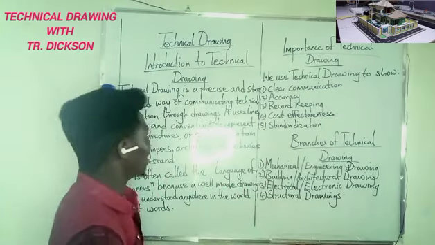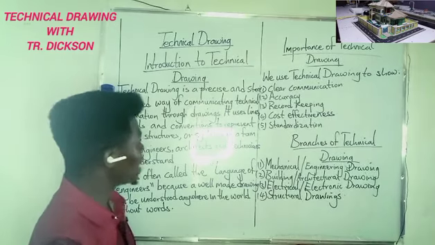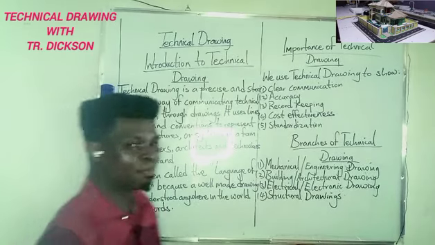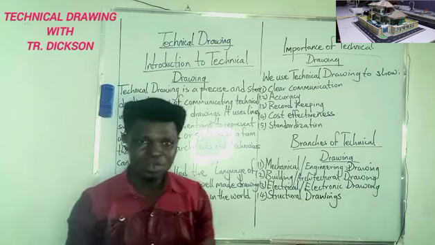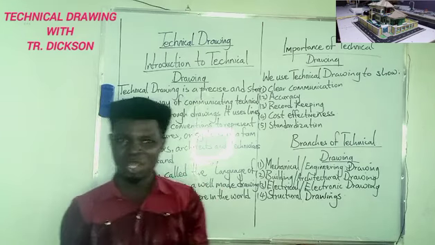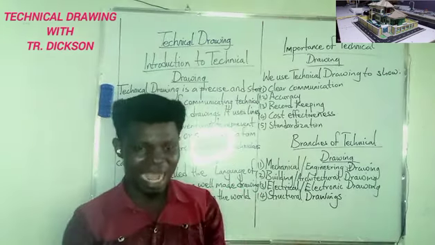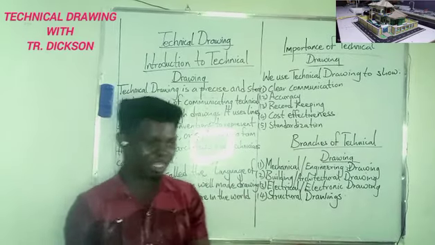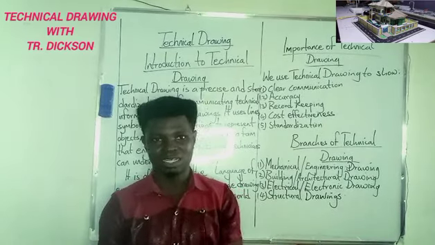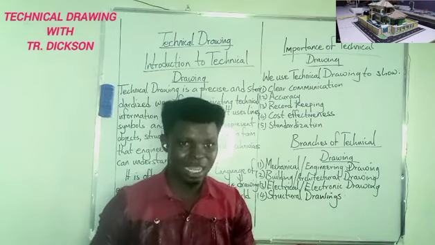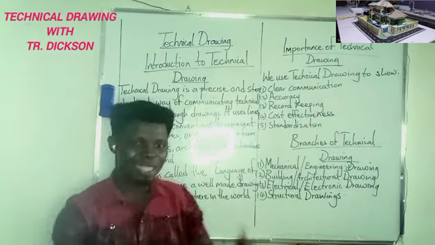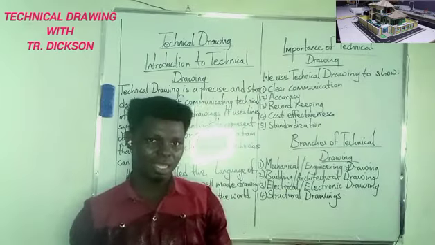All right. The number 3 part of this importance is that it shows record keeping. How do we mean? For example, if I produce a drawing now, and I intend that that thing be produced, for example, let's take a look at a plastic seat. So I want to produce a plastic seat. So I have made the drawing and it is produced.